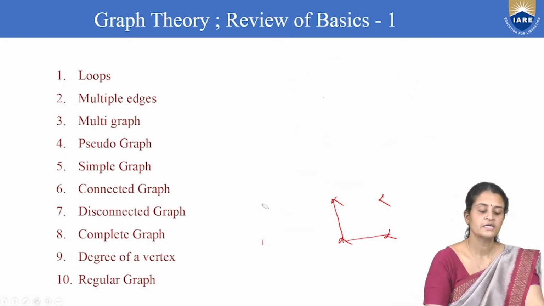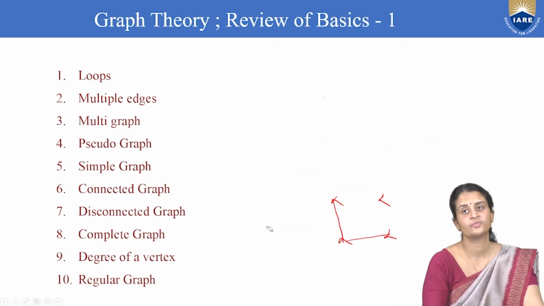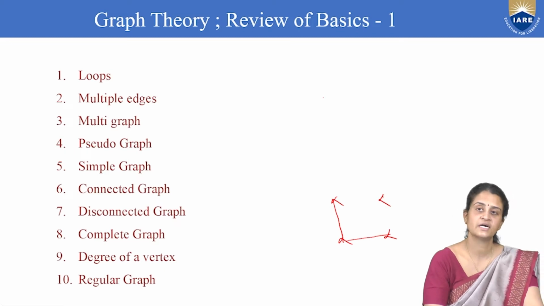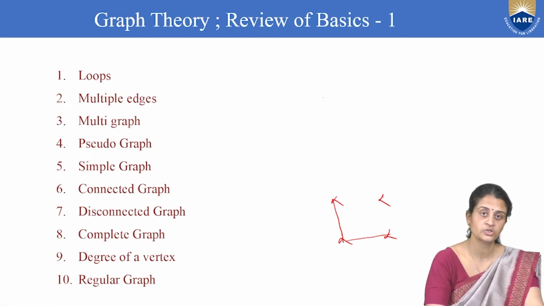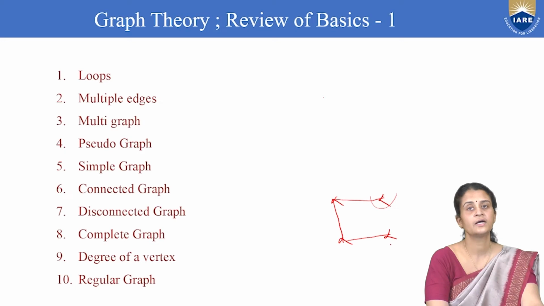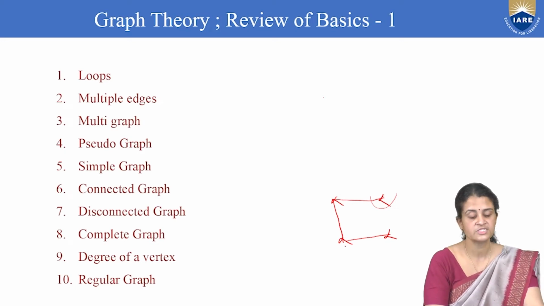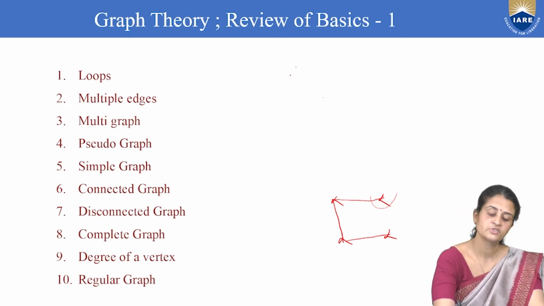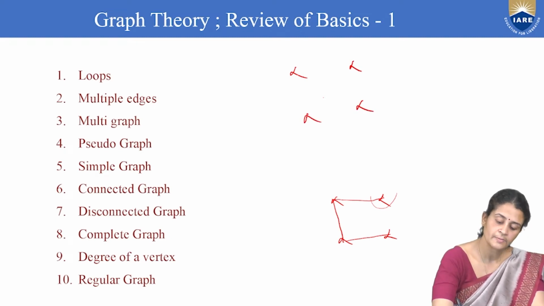Okay. Next, we will see what is a connected graph. You see that 2 vertices are connected if there is a path joining them. Can we say that this vertex is connected with any other vertices? No. But if it is like that, there is a path joining this vertex to some other vertex. Then we call these vertices connected. Suppose these vertices are like this.